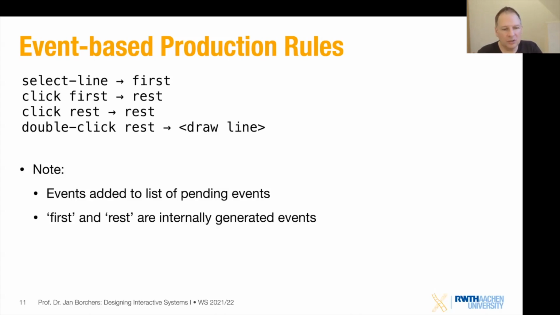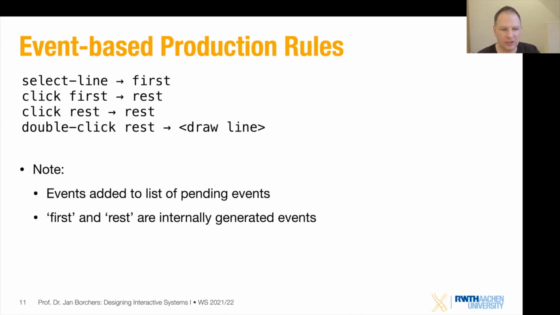So you see that we are imagining in this that we have events coming in that the system somehow detects by the user's mouse clicks or button presses or something, key presses. And we add these to a list of pending events. It's like a queue, right, where these things are coming in, and these production rules then consume these events from the queue.